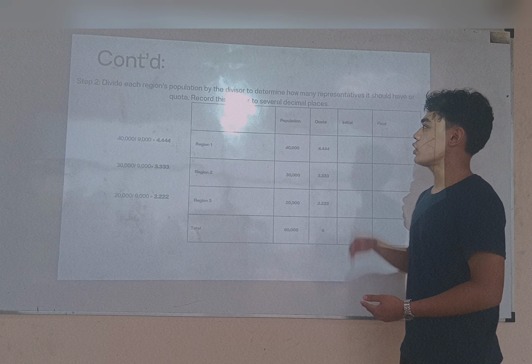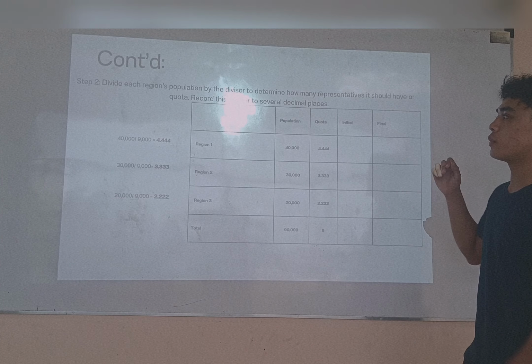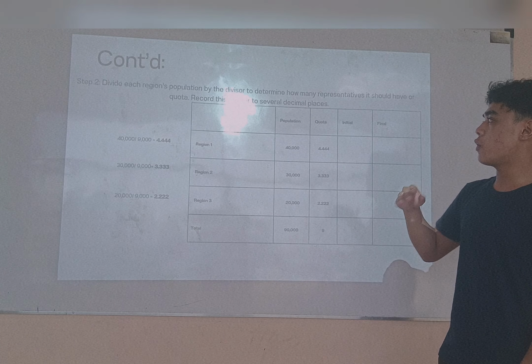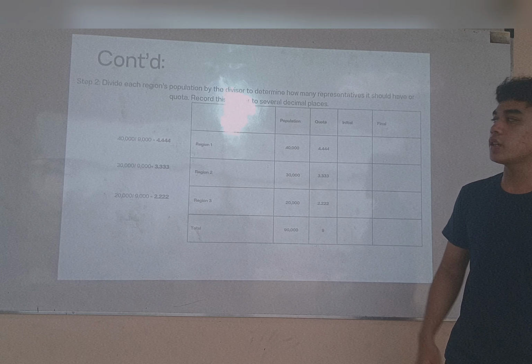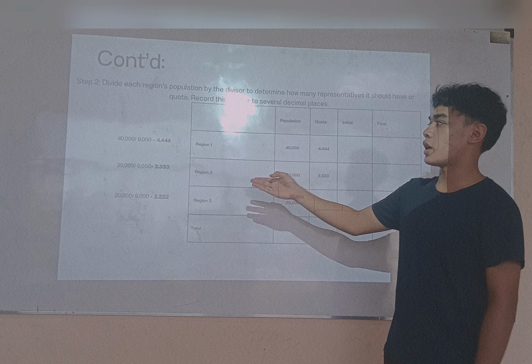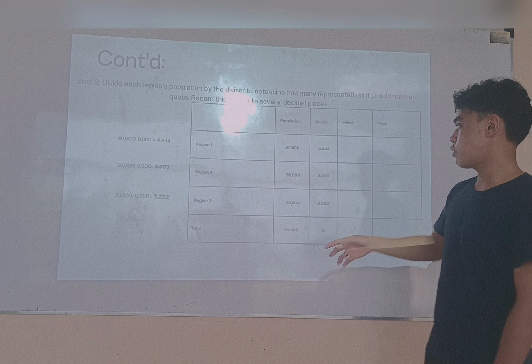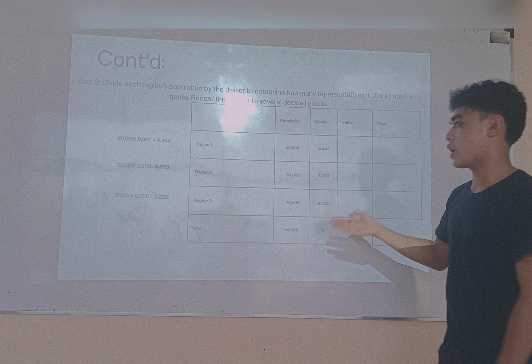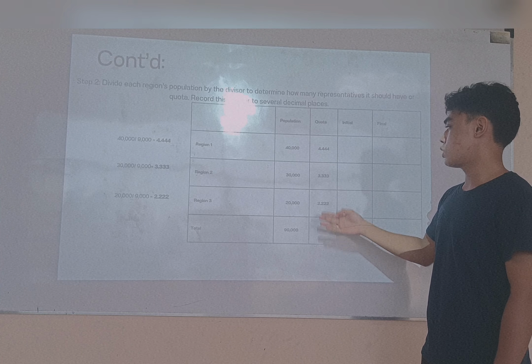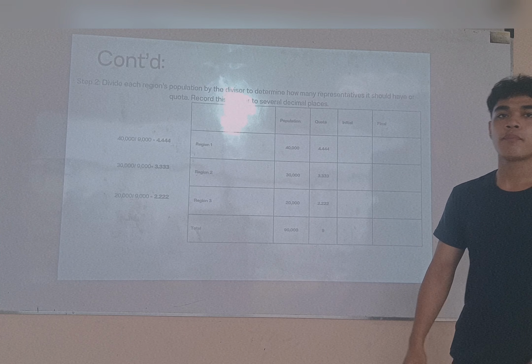So in order to get the quota, again we need to divide our population by the divisor, which is 9,000. 40,000 divided by 9,000 will give us 4.444. In region 2 we got 3.333, and in region 3 we got 2.222.